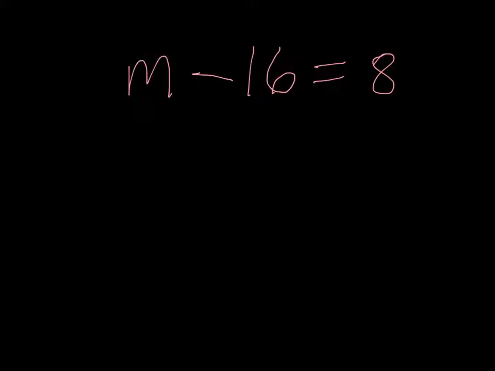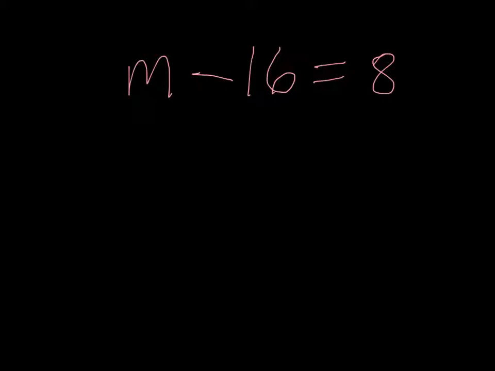Okay, so let's try it with this. We use the monkey version again, right? M minus 16, this time equals 8. So we got to ask ourselves, what number minus 16 equals 8? Well, remember what I just taught you about zeros?